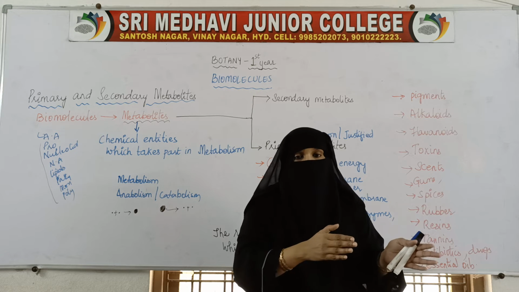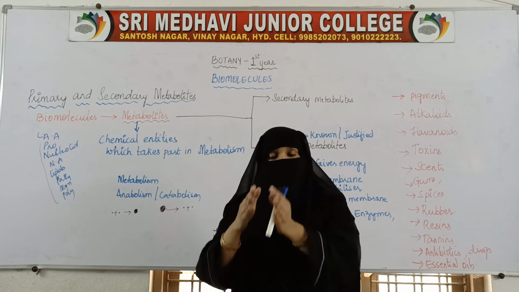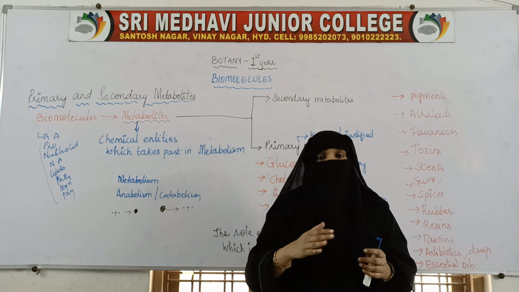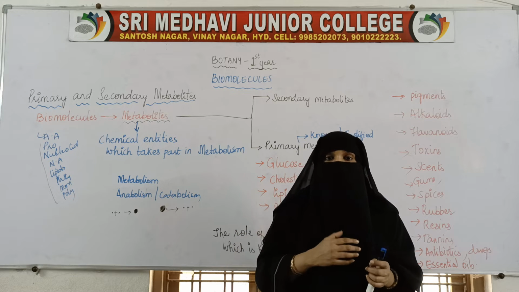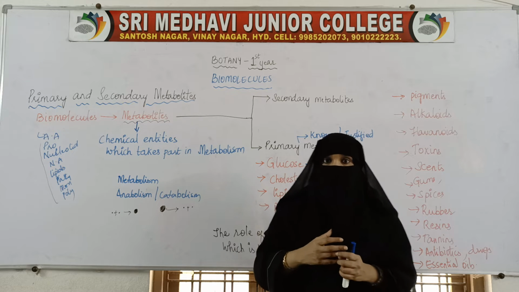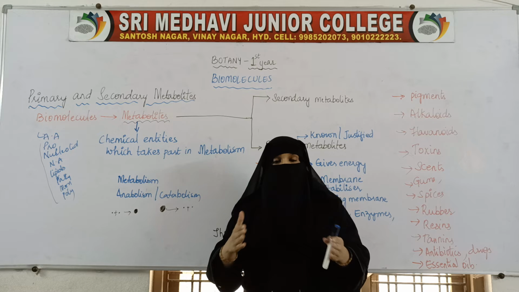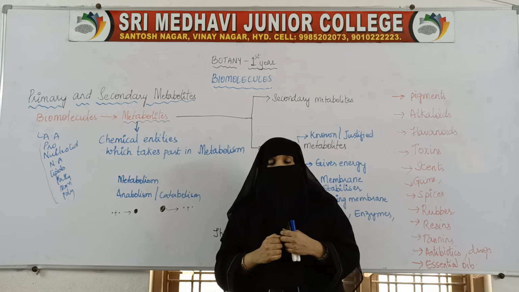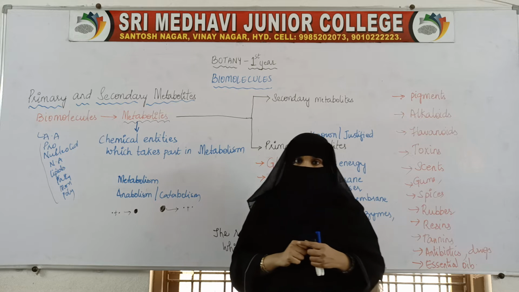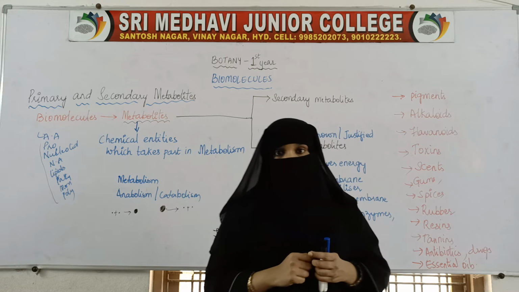Then smaller compounds join together and form bigger compounds, and bigger compounds break down into smaller units. Like this, reactions are continuously taking place in our body. So this whole process of forming and breaking of compounds is called metabolism, which takes place in our body.